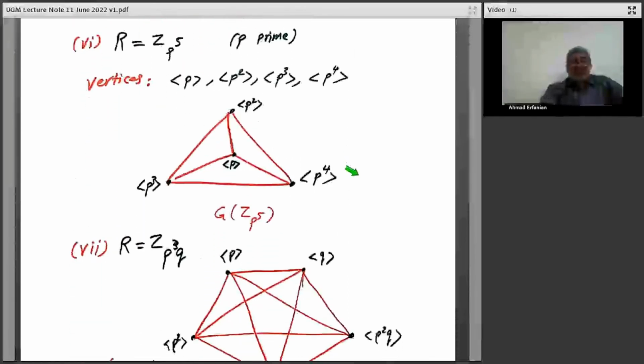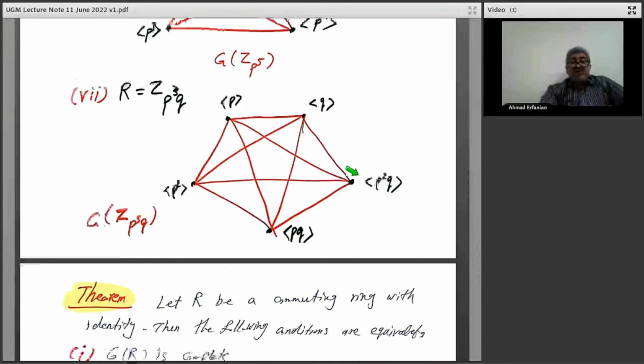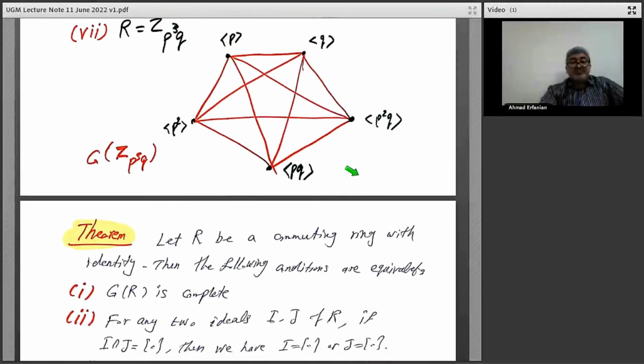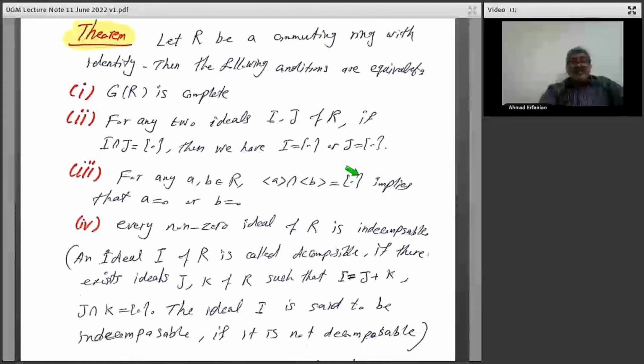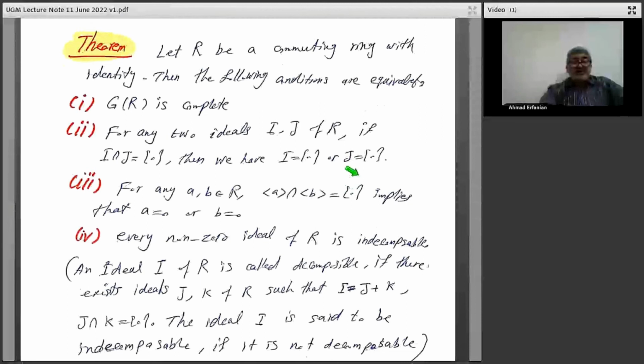And here are some more examples about the intersection graph, and some results about it.